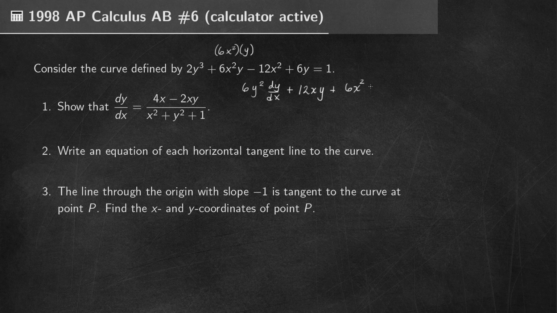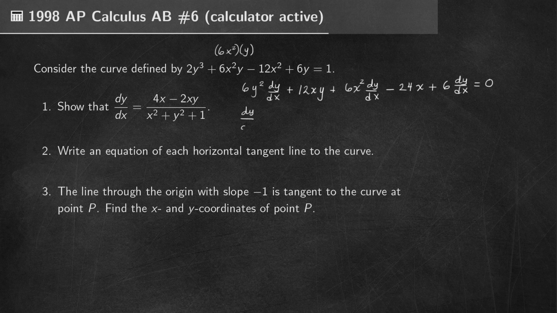The derivative of y is 1 dy/dx. Minus the derivative of 12x squared, that's 24x, plus the derivative of 6y, that's 6 dy/dx, equals the derivative of 1, which is 0.